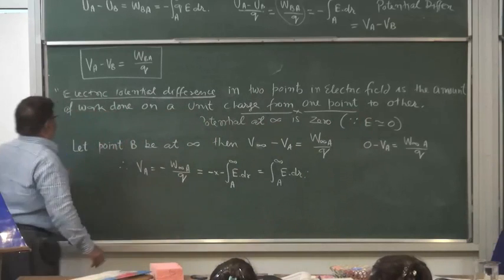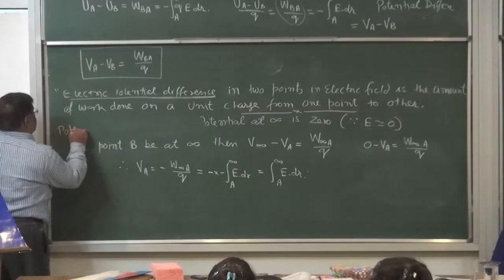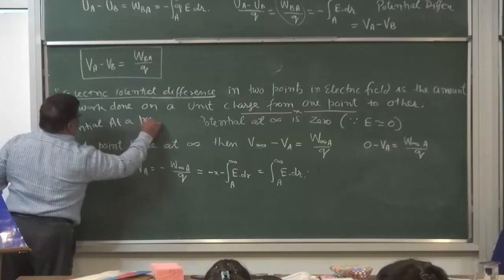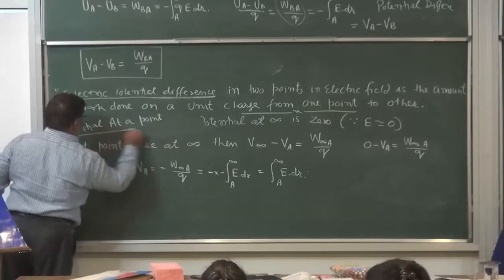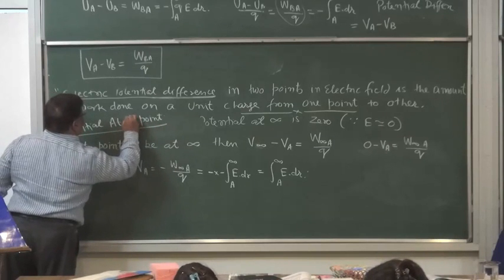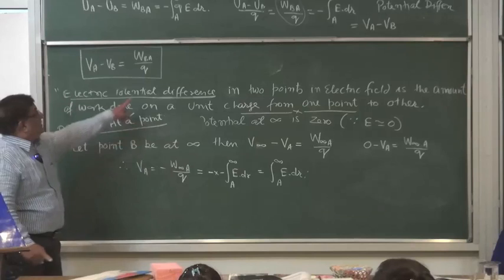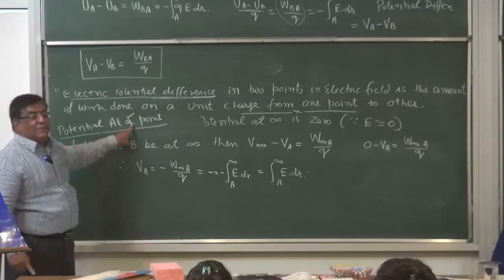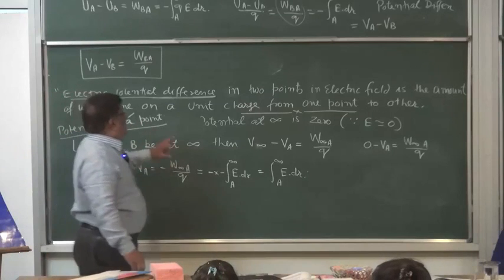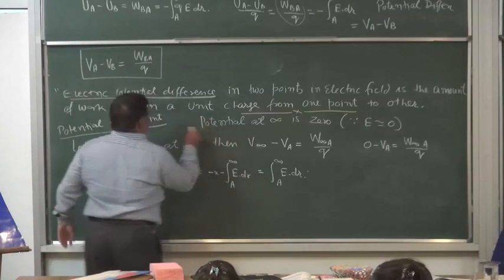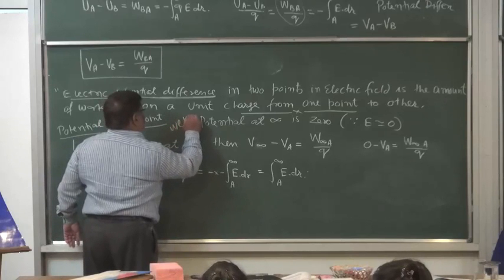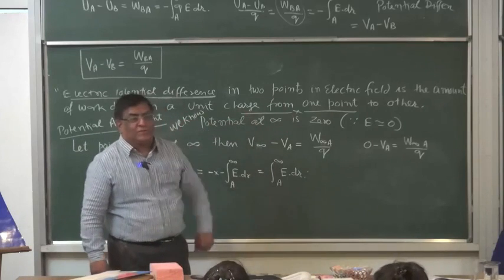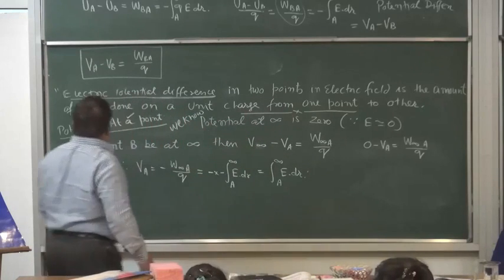Now we come to the next derivation, and that is potential at a point. Potential at a point, meaning at one point. Until now, what did we do? Potential difference. Now what are we doing? Potential at a single point. OK, we know potential at infinity is 0 because E at infinity is 0.